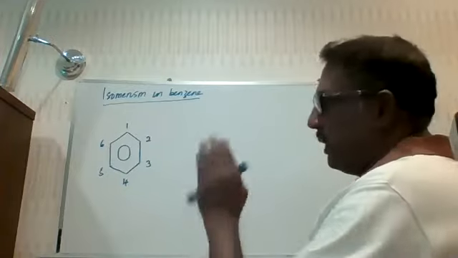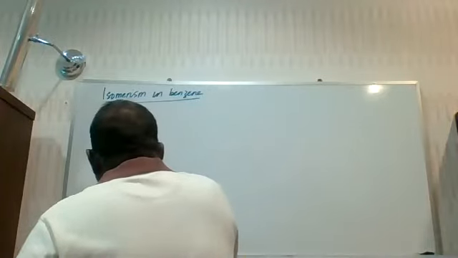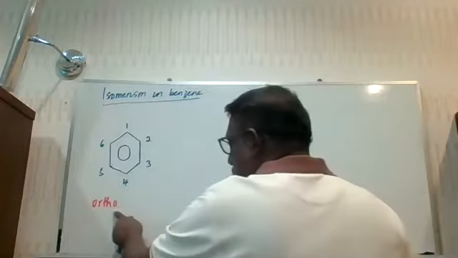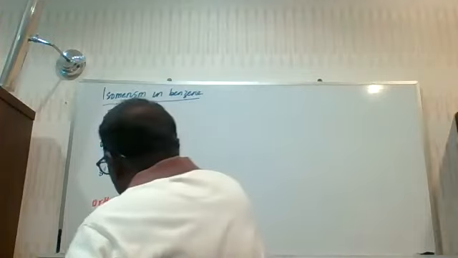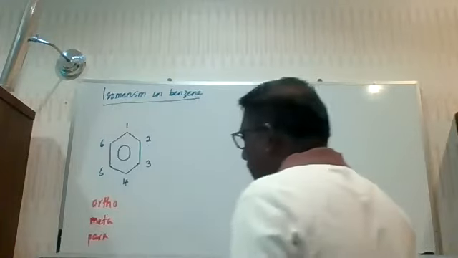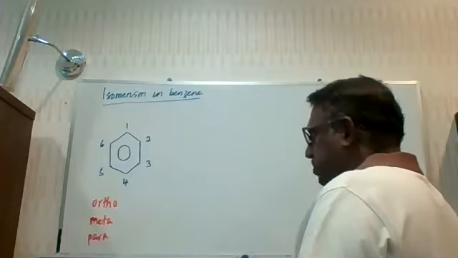That one uses the position as the location of a carbon atom, referred to as the ortho position. Then you have the meta position, and then you have the para position.